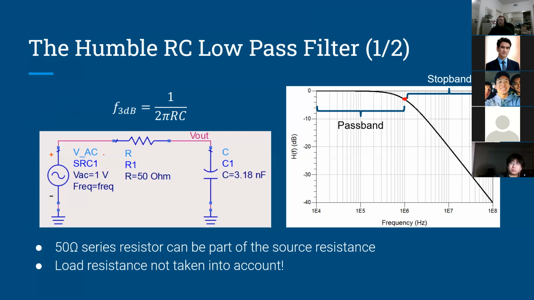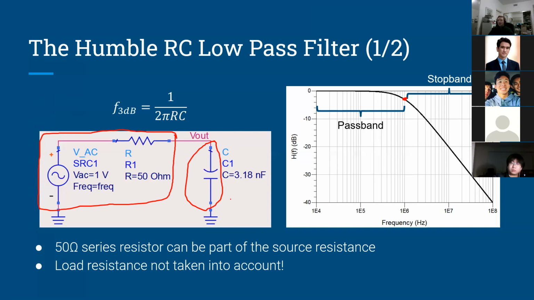So what we can do is use that source resistance as part of the filter itself, and that's kind of what I did here. So if I assume this entire block here is part of the source, and then this capacitor is just the filter, then we get the response as shown and everything's hunky-dory.